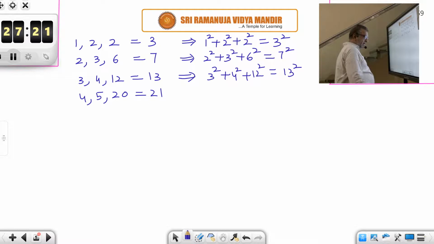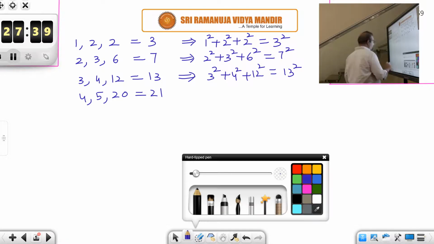Completely wrong. Kunal Achintya, please respond. What is the next one? Kunal. Sir, 5, 6, 30 is equal to 31, sir. That is correct. 5, 6, 30 is equal to 31. What is the next one? Tell me.